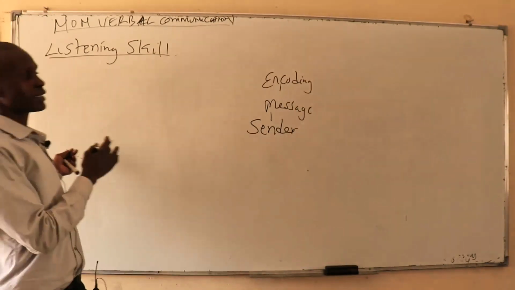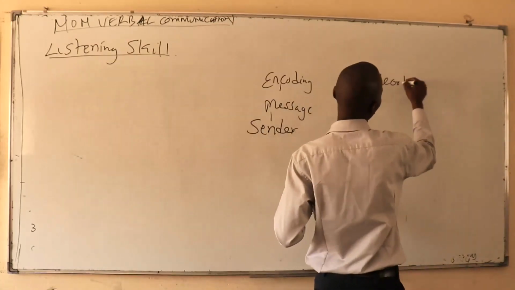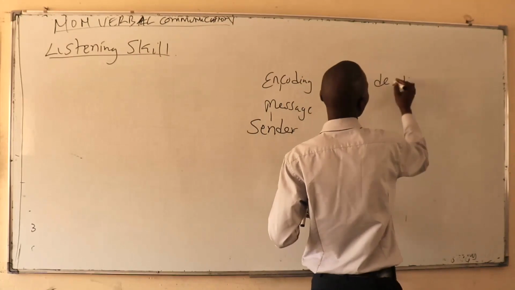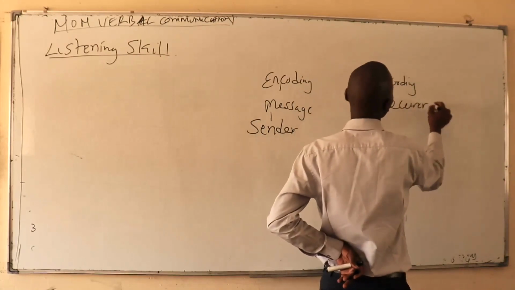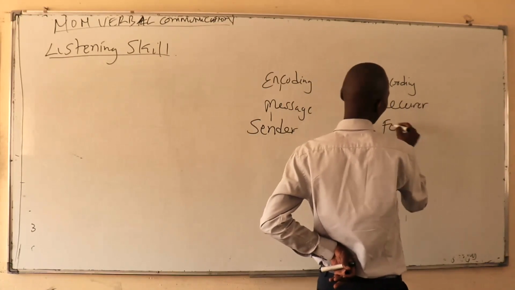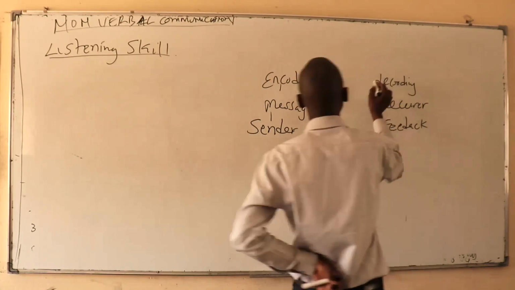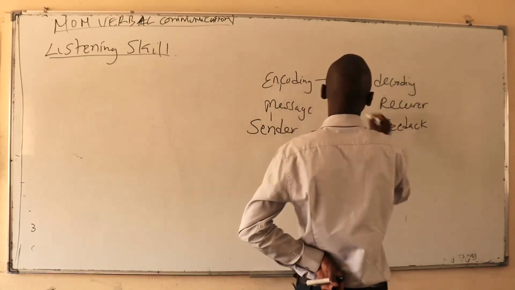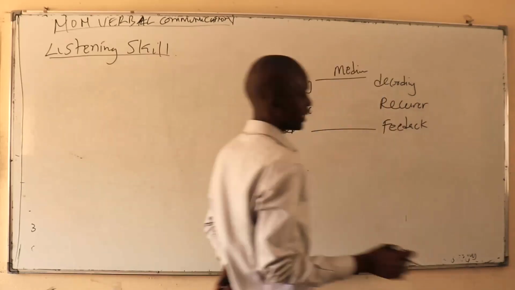Those are on one side. Then on the other side, we have decoding. We also have the receiver and feedback. Then in between them, we have what we refer to as media.